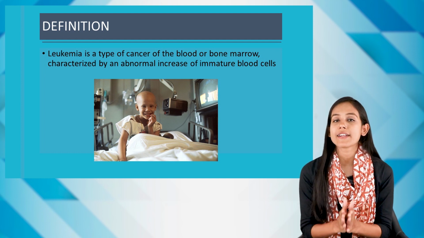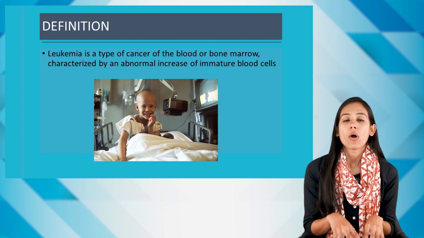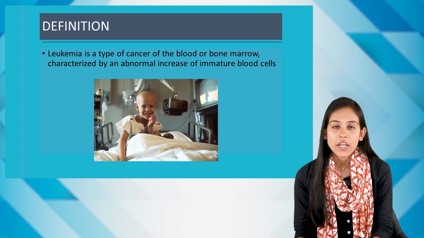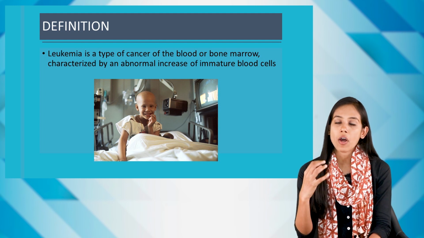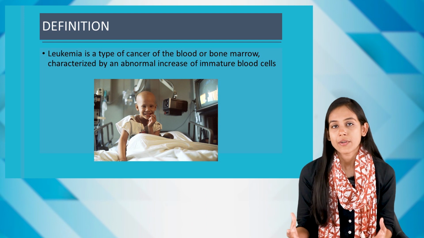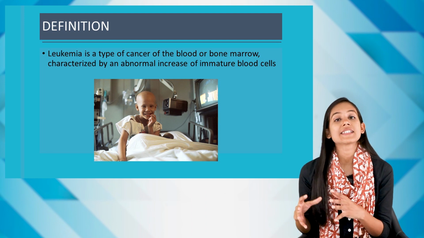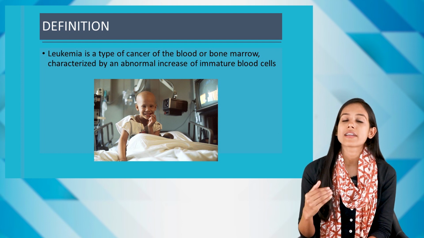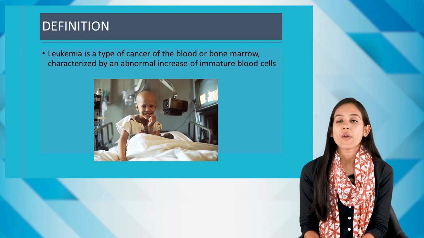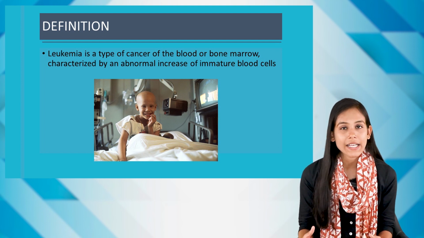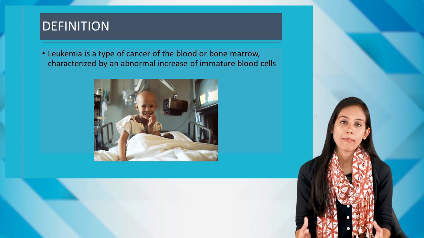So we can say that leukemia is a blood cancer, or also a cancer of the bone marrow, because the abnormality which is happening, right, is happening inside the bone marrow. So we can also call it a cancer of bone marrow, where we can see an abnormal increase in the immature blood cells.